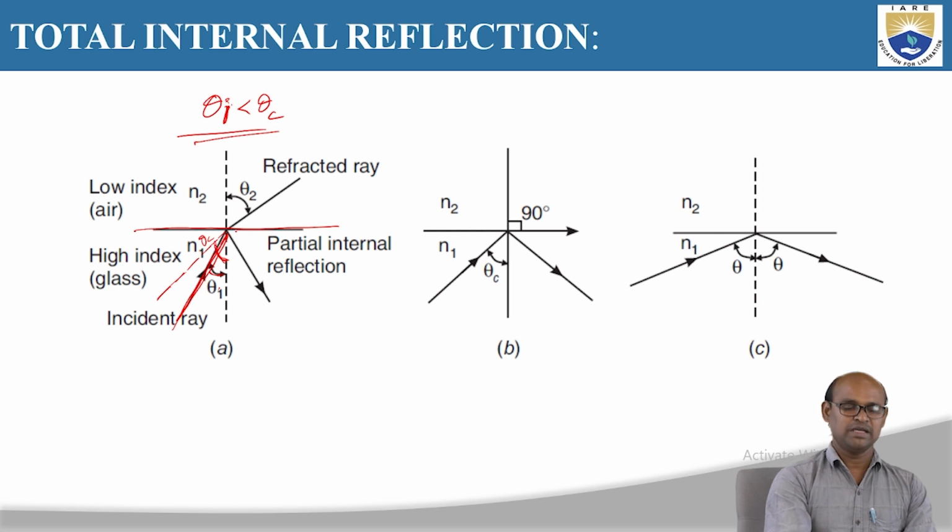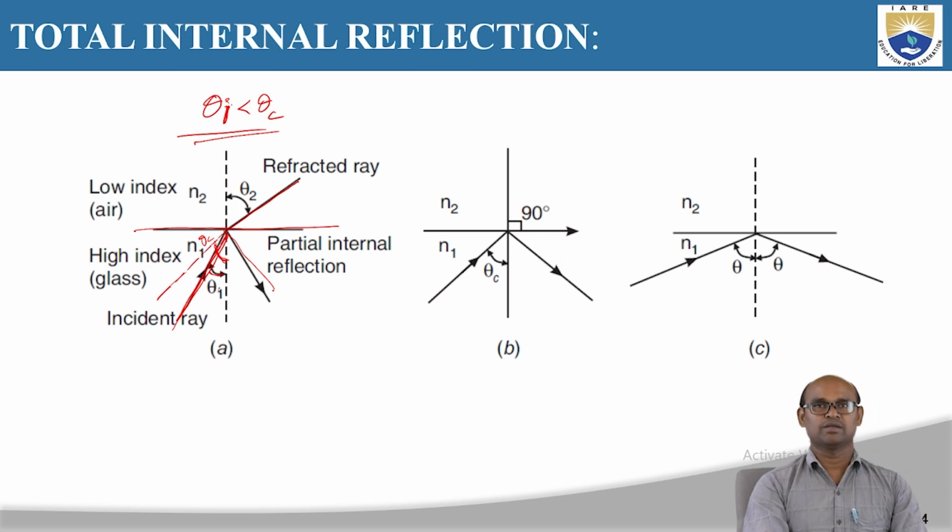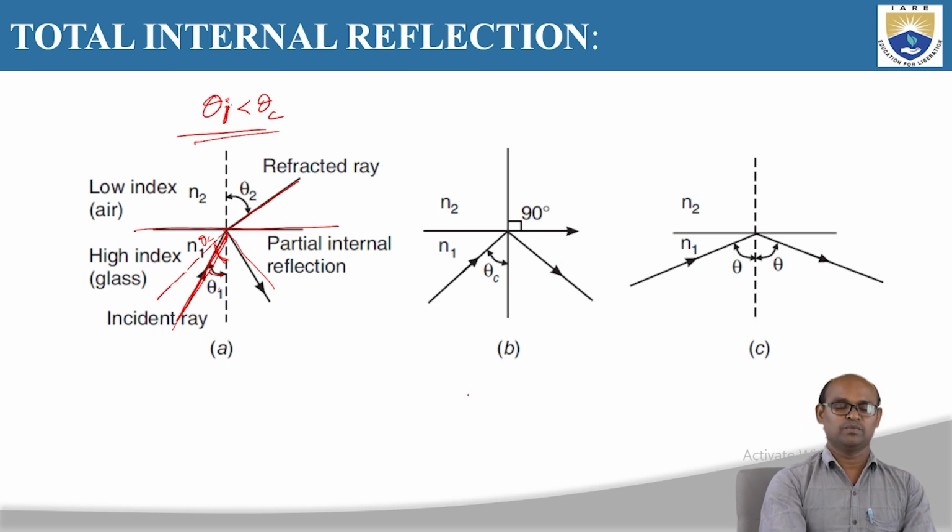When the angle of incidence is less than the critical angle, part of this light ray refracts into the rarer medium, and there is also a part that is reflected. So there are two phenomena: refraction and reflection. When theta I is less than theta C, two things happen.